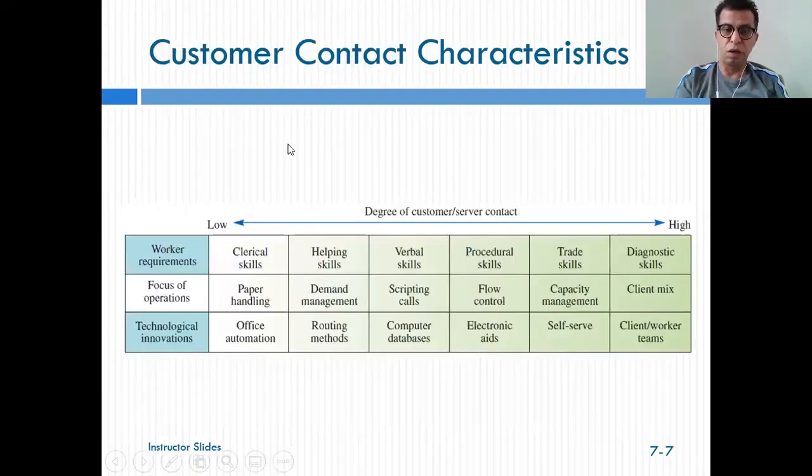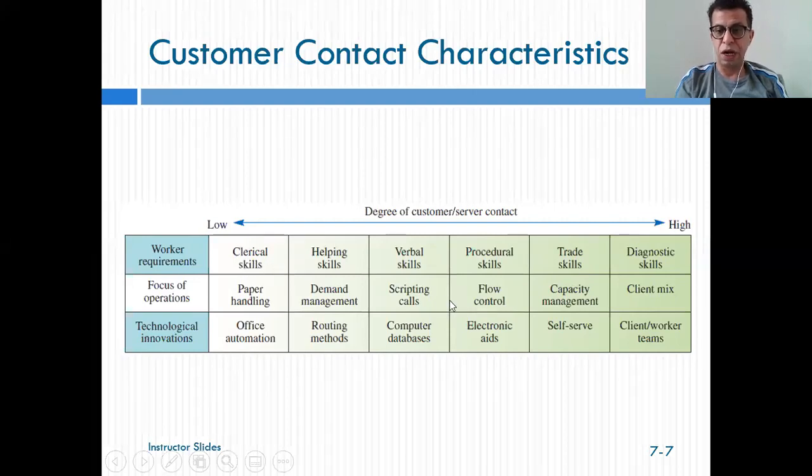So this is a way of looking at it. It's basically when you have a contact, and the degree of customer and server contact is what you need. If the degree of contact between the server who provides the service and the customer is very low, then for worker requirement you need, for example, a clerical person.